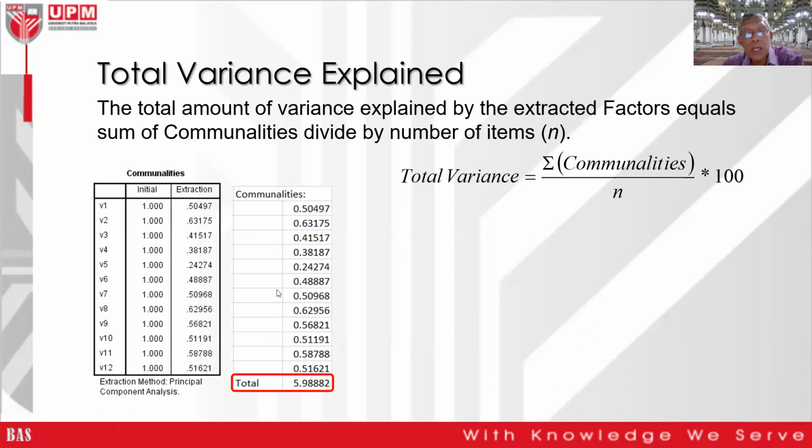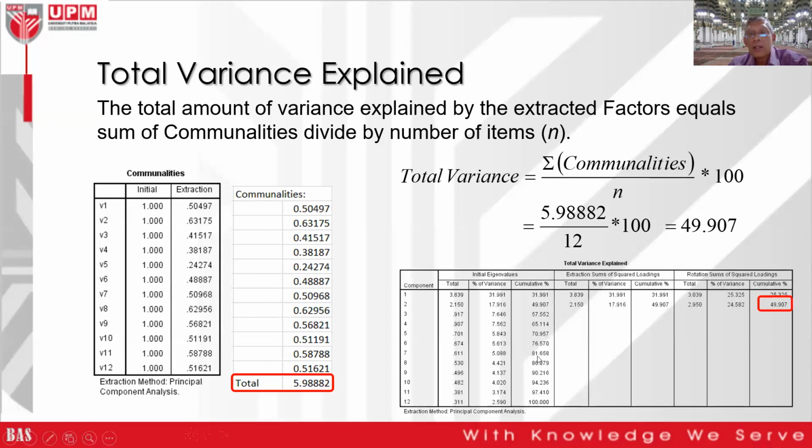So the total communalities is 5.98882. Enter the formula: 5.98882 divided by 12, multiplied by 100, and the total percentage is 49.907. The factors that we extract explain 49.907% variance. That is how we calculate the total variance explained.